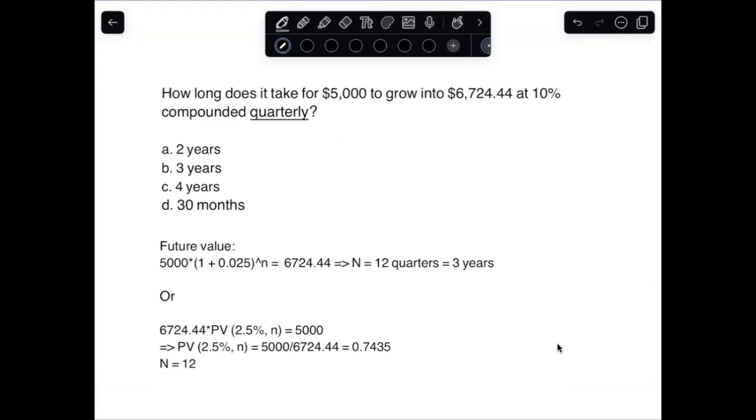And let's look at another example. How long does it take for 5,000 to grow into 6,724.44 at 10% compounded quarterly? So because it compounds quarterly, for every period the return is 2.5%. And we use 5,000 times 1 plus 2.5%. That would be how much money it would grow into after one period, right?